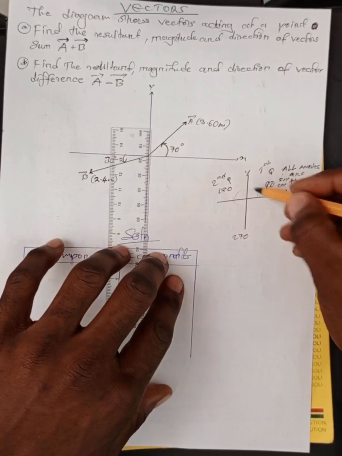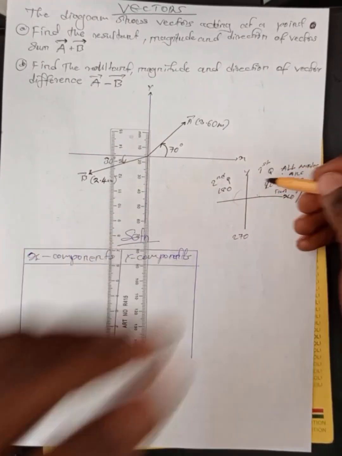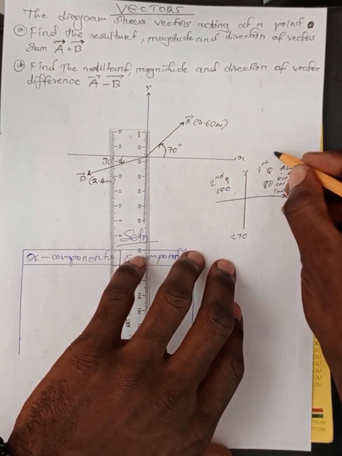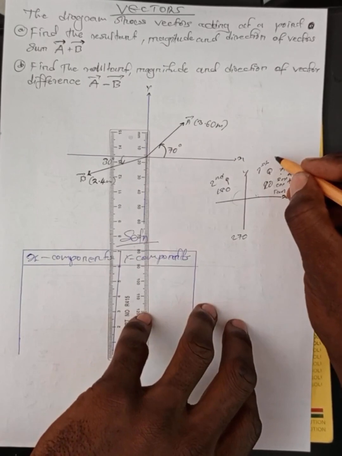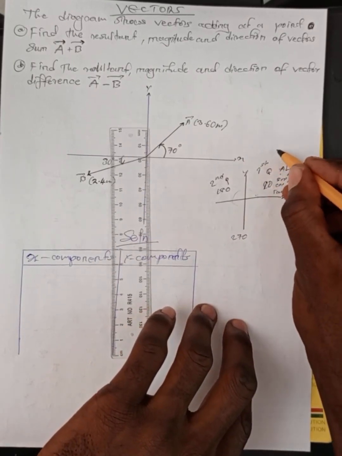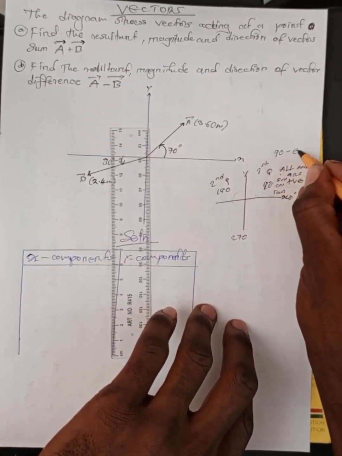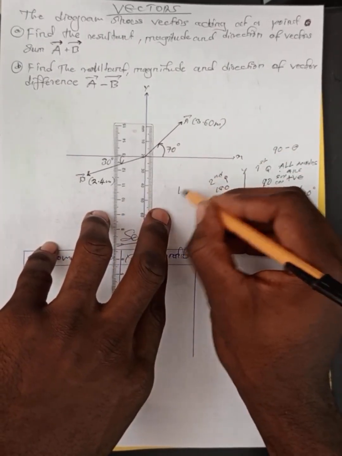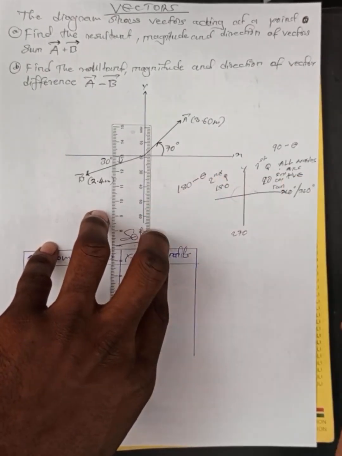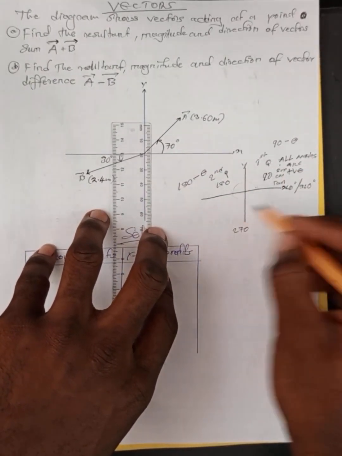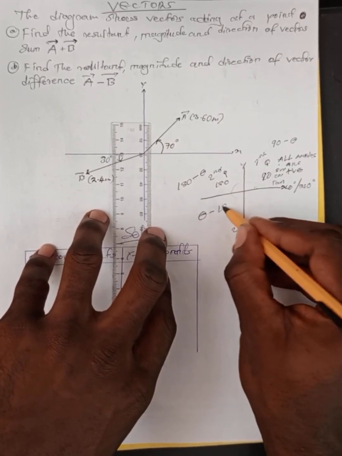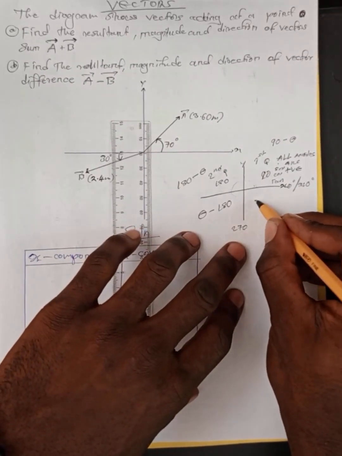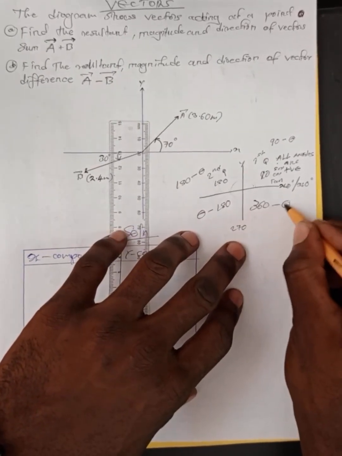The formula that we use in the first quadrant is 90 minus theta. In the second quadrant we use 180 minus theta. In the third quadrant we use theta minus 180, but not 270. Here we use 360 minus theta.